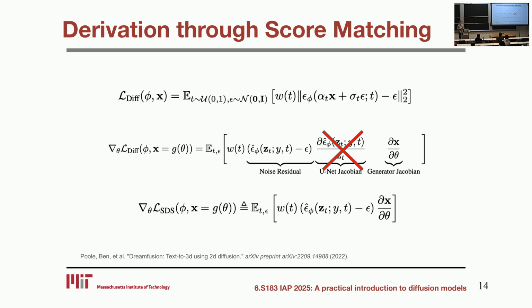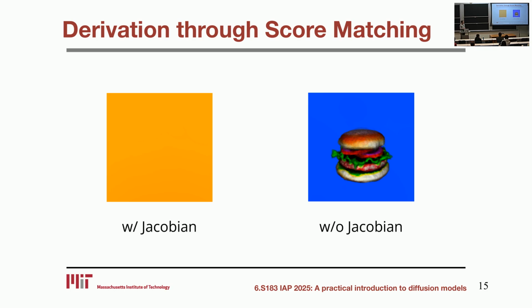Why do we assume that the giant trained neural network that generates images, has some logic in it, has a Jacobian of identity, which means that it basically does nothing? And moreover, if we try with the Jacobian, it doesn't really work. Without the Jacobian, whenever we drop it, it starts working. So it's a big mystery why. So maybe that's not the correct way of deriving this.